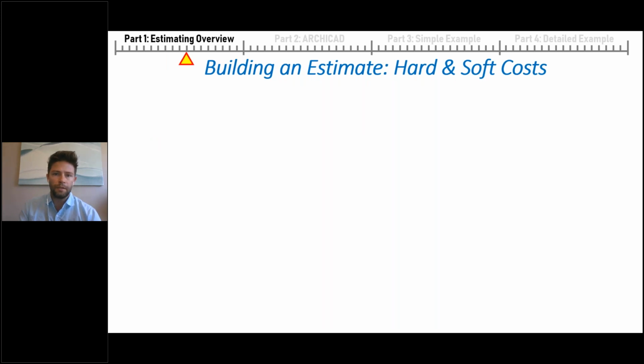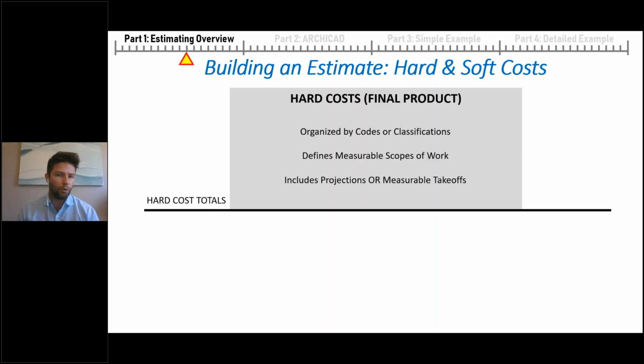So building an estimate, there's really two main components or two categories that I'd like to discuss real quick. We have hard costs that are associated with the final product. These are usually organized into different cost codes or classification systems. The hard costs are certainly defined by measurable scopes of work, but they can include projections and assumptions, as well as those measurable takeoffs.